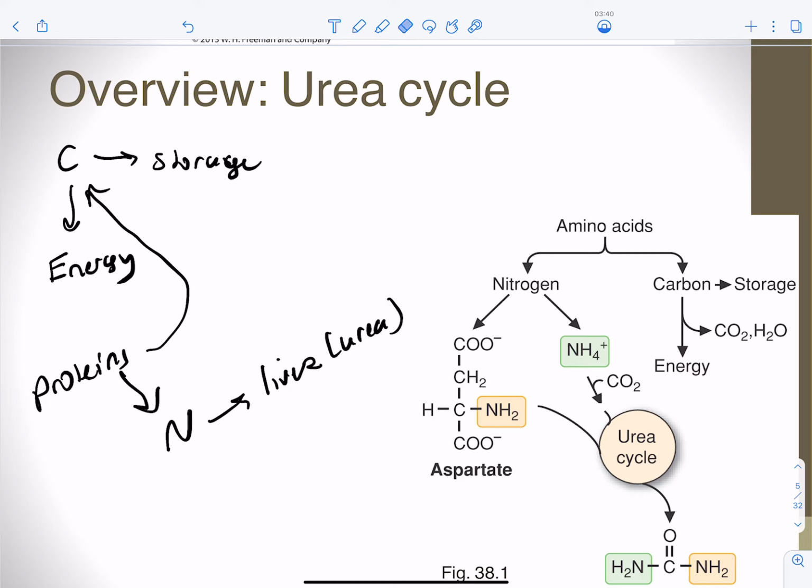You have many amino acids that are simply going to release the nitrogen as they get broken down and converted. And the liver is going to use all of these nitrogens to make urea.